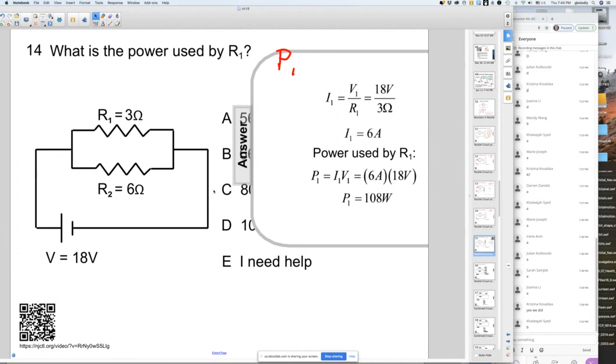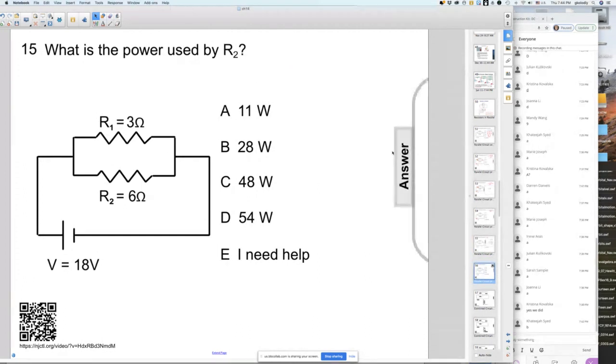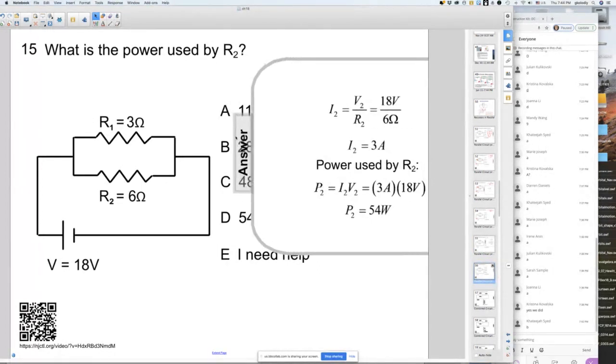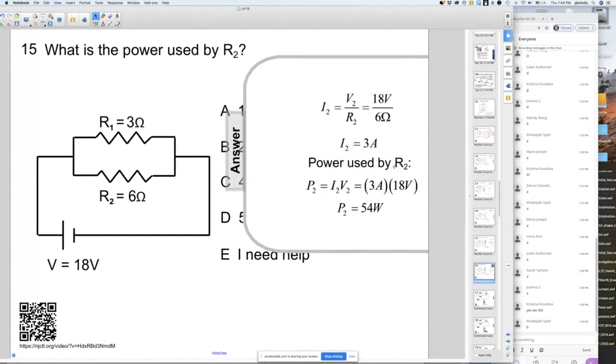Okay. So power 2 is 54 watts, doing the same type of equation here. And then the power delivered by the battery is going to equal, again, electromotive force, the voltage of the battery, times the current it delivers to the whole circuit, the total current we found in the beginning.